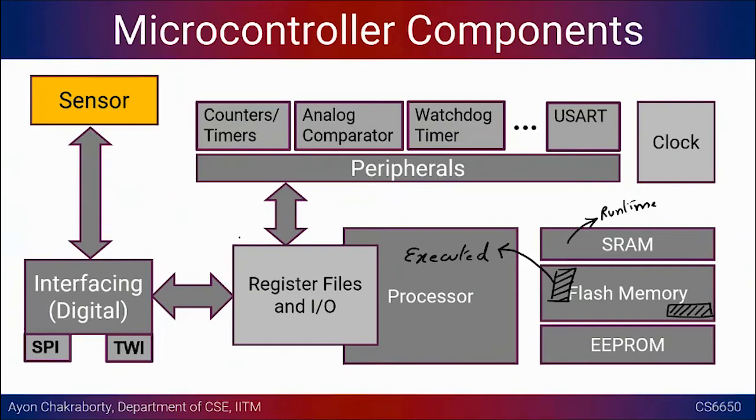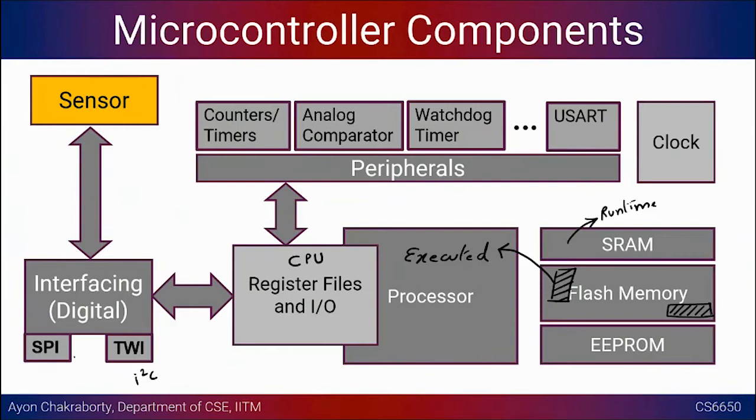Right, and then we also discussed the CPU registers and the IO, the input output registers that could be used for interfacing different peripherals, things like counters, how they can be controlled, and we can also interface digital sensors. And for that, we have the two-wire interface of the I2C bus as well as the SPI bus and so on.